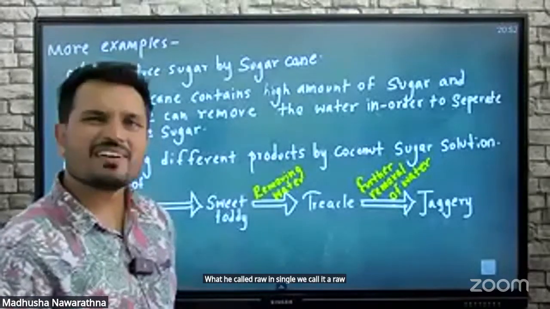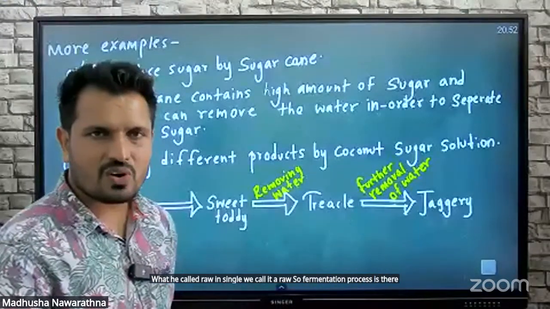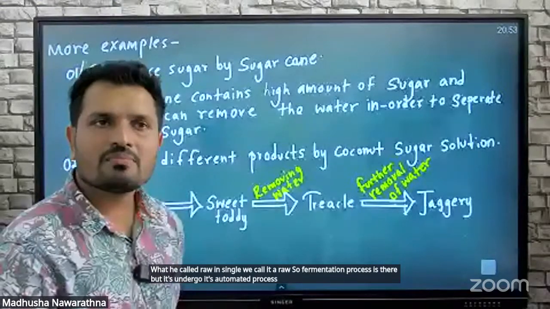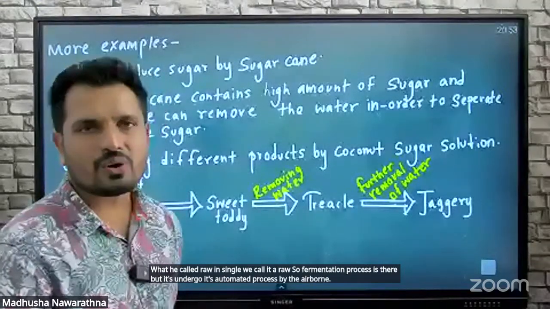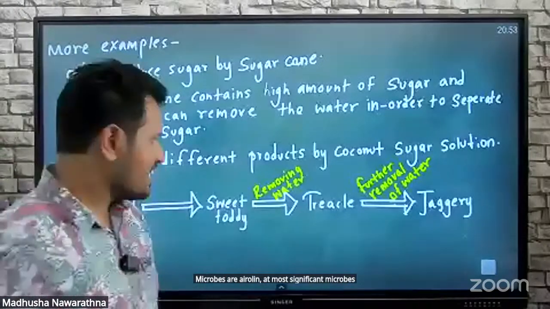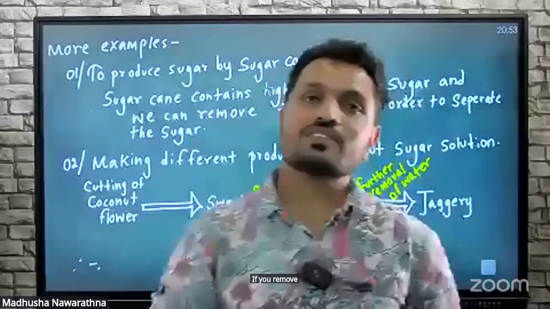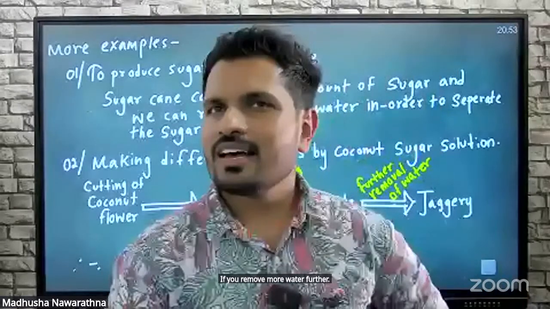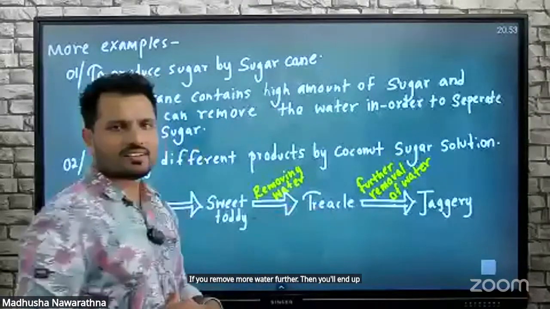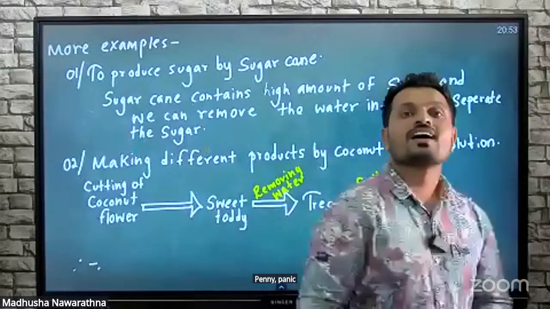So a fermentation process is there, but it's an automatic process carried out by the airborne microbes. The microbes in the atmosphere do that work for us. Further, if you remove more water, then you will end up with treacle, and penny, like kitul penny and coconut penny.